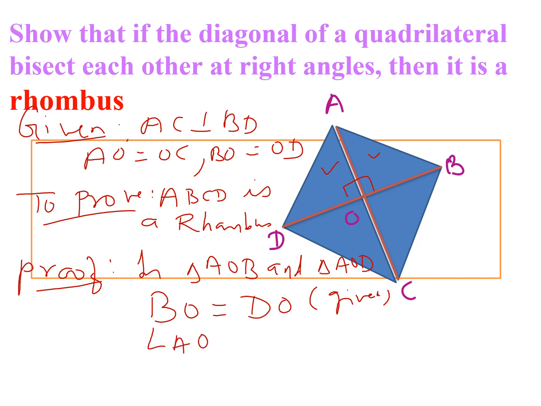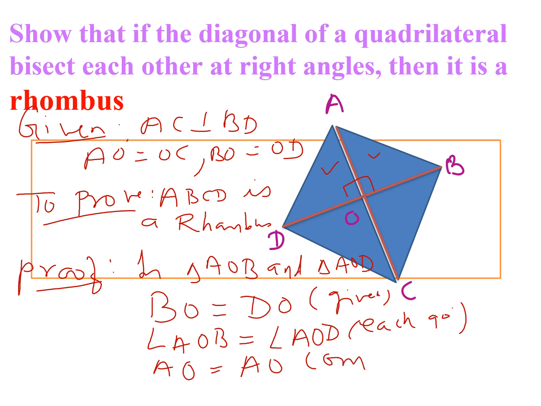Angle AOB is equal to angle AOD because each is 90 degrees. AO is equal to AO because it is a common part of both the triangles. We can write triangle AOB is congruent to triangle AOD by the property SAS.